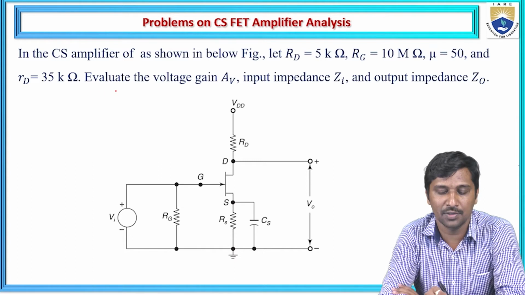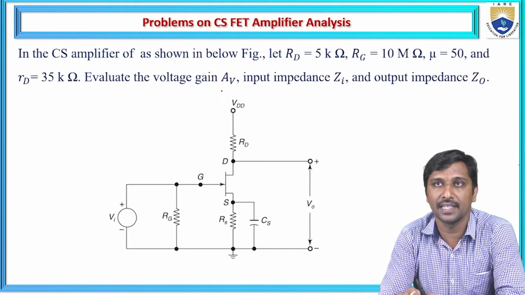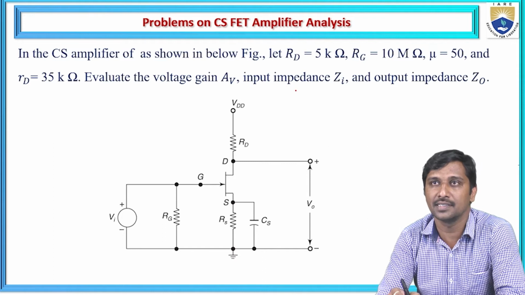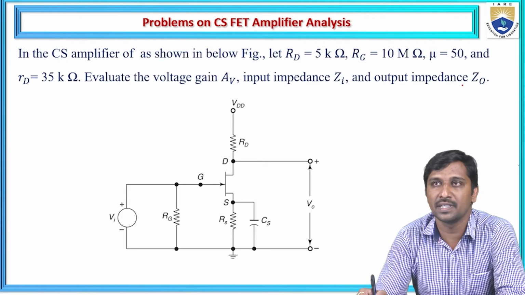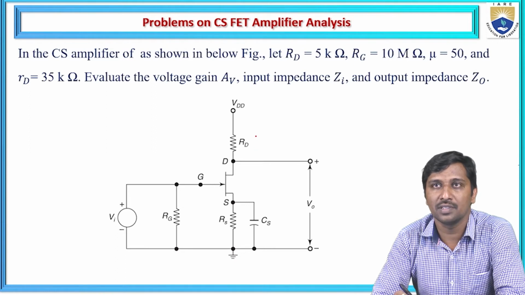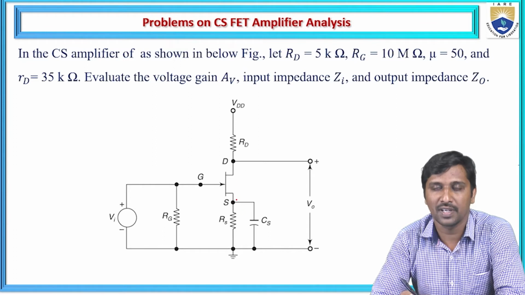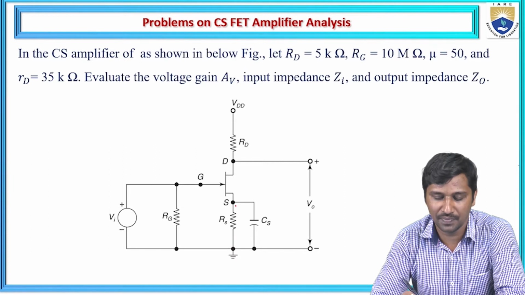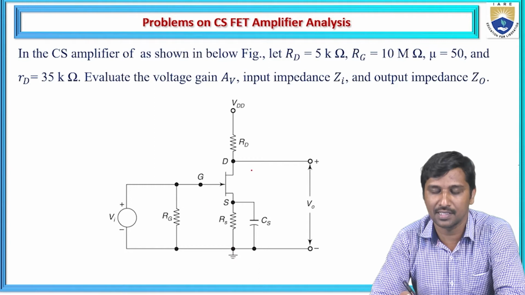Based on this, we need to evaluate the voltage gain AV, input impedance ZI, and output impedance ZO. The problem gives a common source field effect transistor amplifier, in which the source terminal is connected to ground potential and is common to both the input side and the output side.